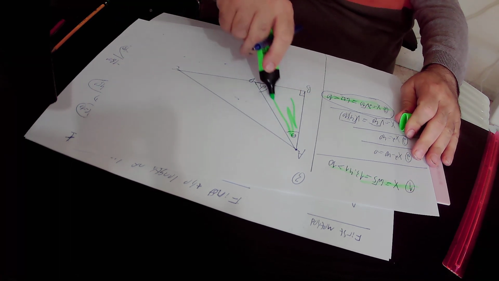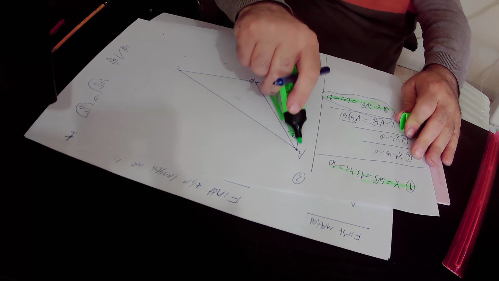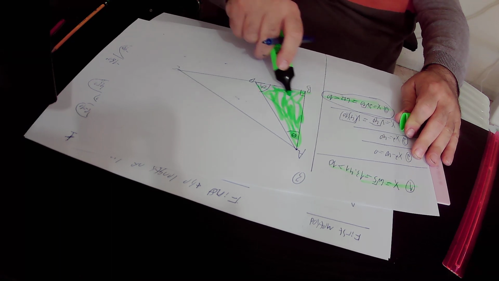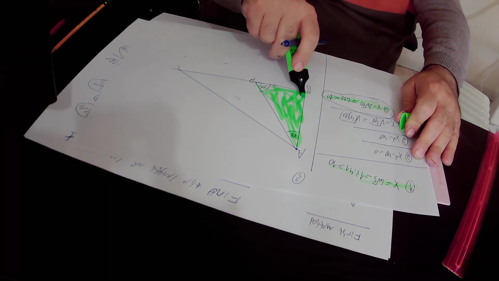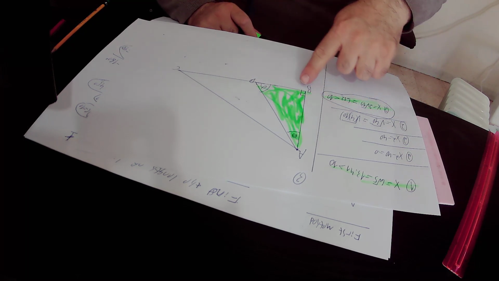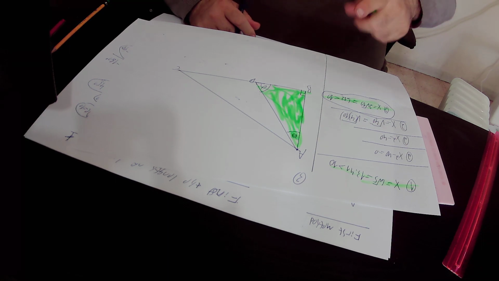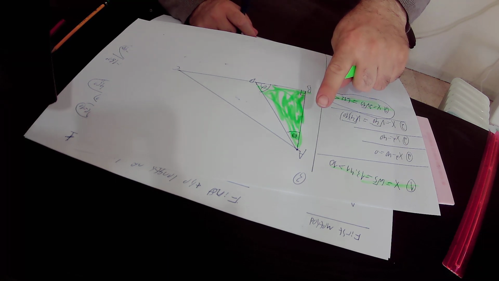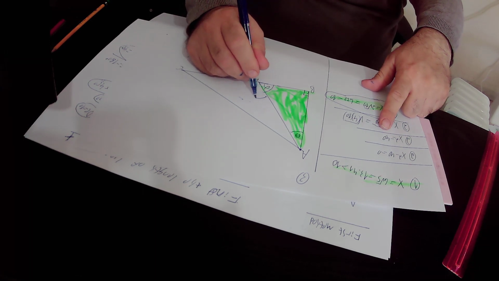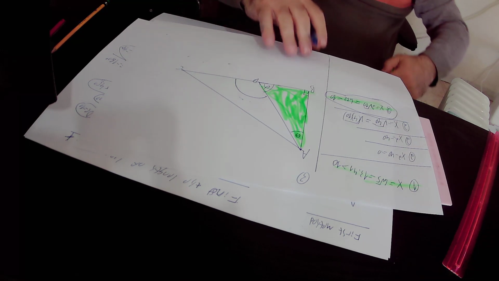Actually, here the right triangle ABD, the green right triangle, has three interior angles: theta, 90 degrees, and alpha. And then it also has one external angle, angle ADC. This angle is an external angle of the right triangle ABD. I will write it down.